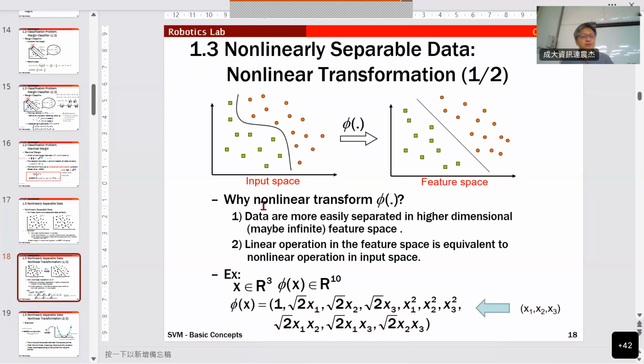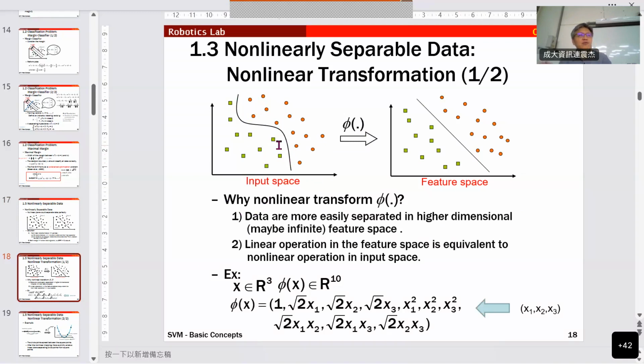If the distribution is like this, LDA, with a linear discrimination line, cannot solve this problem, because we need to find a curve, a higher dimension, to separate both classes.